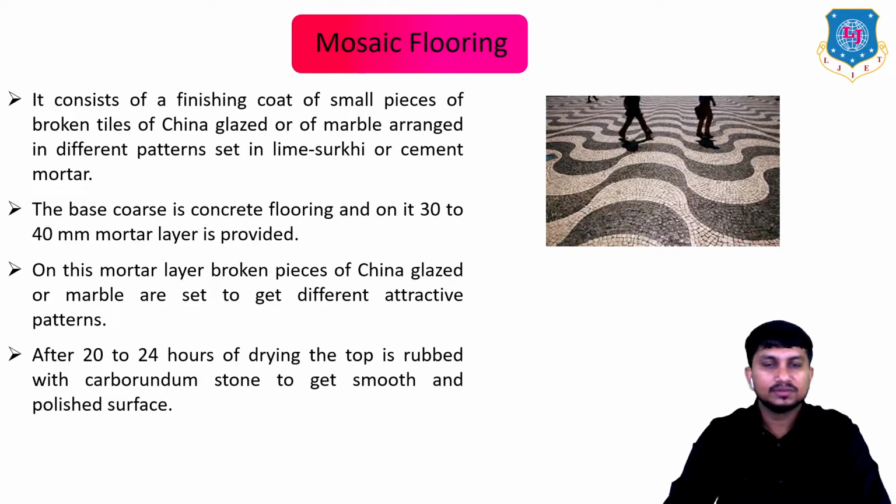Okay, so all flooring has the base of concrete and then 30 to 40 mm mortar layer is provided. On this mortar layer, broken pieces of china glazed or marble are set to get different attractive patterns. After 20 to 24 hours of drying, the top is rubbed with carborundum stone to get smooth and polished surfaces.